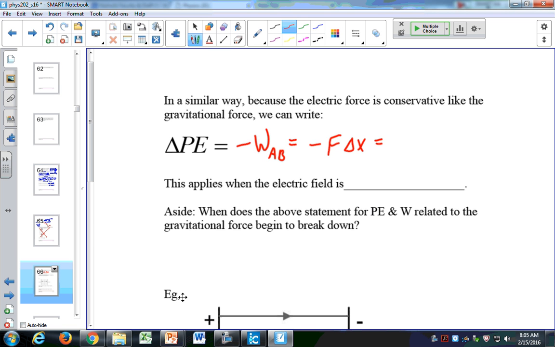And when I have the electric field, I can say that that force is negative QE times delta X. This is just our definition of the electric field. And this only applies when the electric field is constant, which will always be the case for us. We'll see in the end of this chapter what happens when our electric field varies, and there's some cool things that come up with that, but we'll see that later in the chapter.